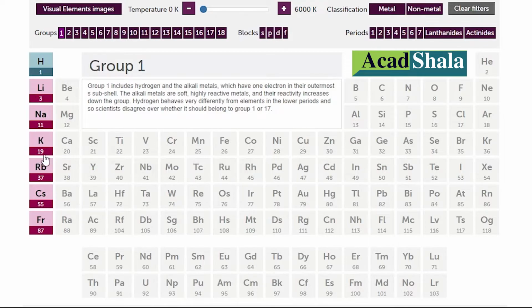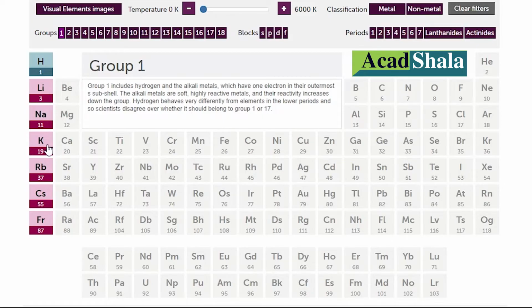If we take these 3 elements, let us check for the valence electrons. Lithium, atomic number 3, has electronic configuration 2, 1. Sodium is atomic number 11, its EC is 2, 8, 1. Potassium is atomic number 19, so its EC will be 2, 8, 8, 1.